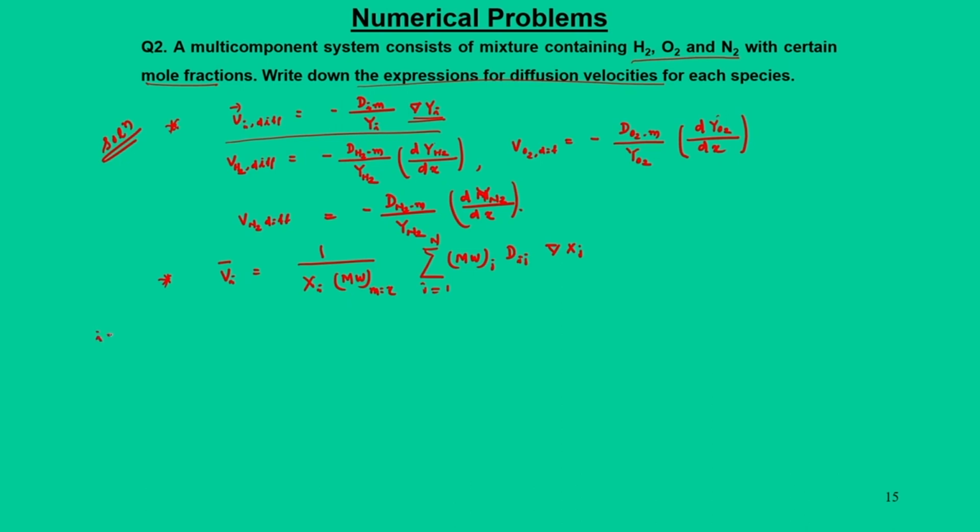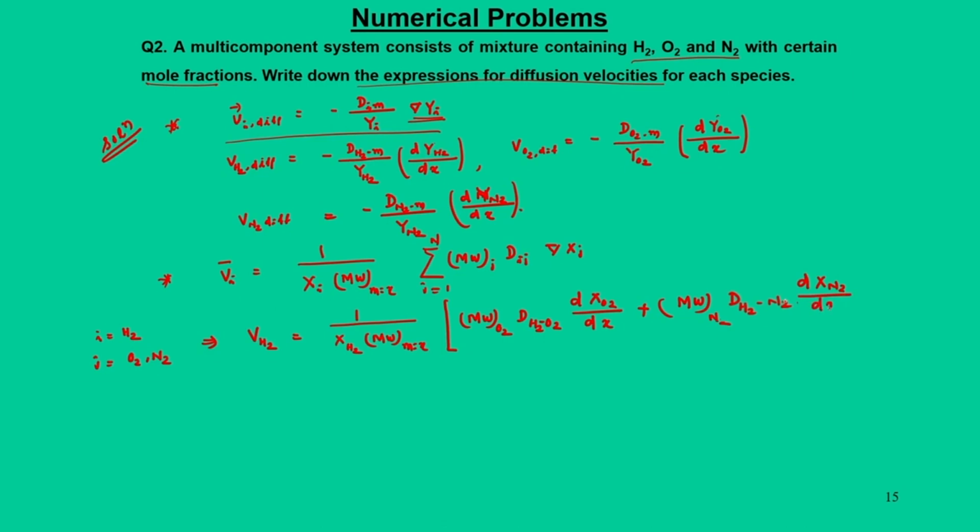If i is equal to H2, j is equal to O2 and N2, then we can write V H2 is equal to 1 by x H2 molecular weight of mixture, then molecular weight of O2 D H2 O2, d x O2 divided by dx, plus molecular weight of N2 D H2 N2 into d of x N2 divided by dx.